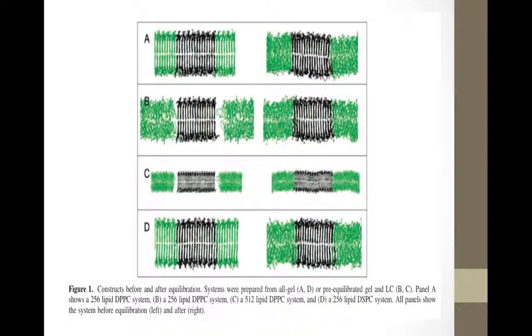The one on the left is before equilibration, and the one on the right is after. The pre-equilibrated gel was incubated with half of the lipid and the solvent set at 293 Kelvin and the other half set at 353 Kelvin for 10 nanoseconds.